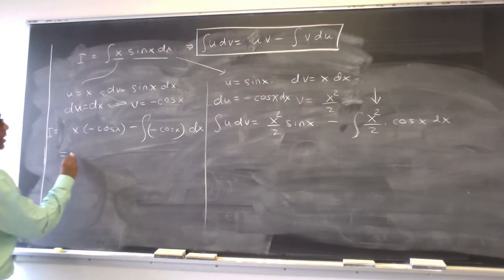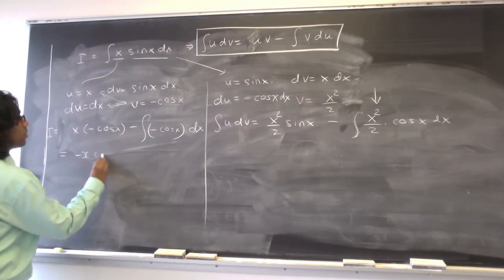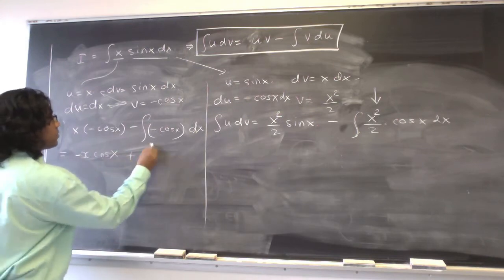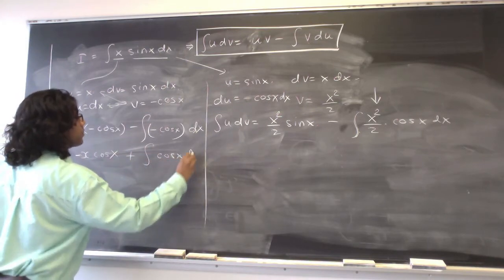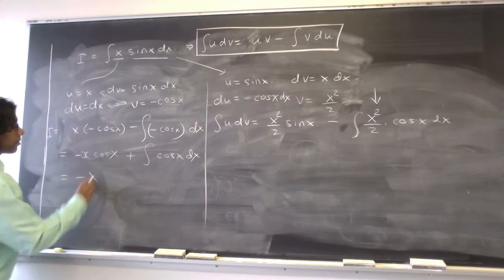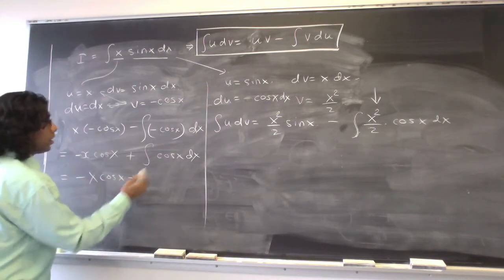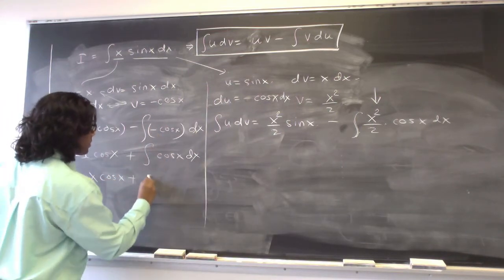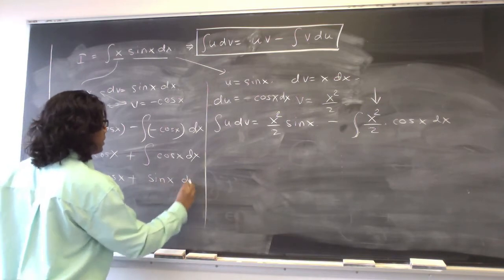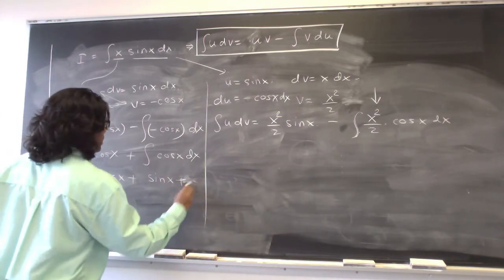Okay, so this becomes minus x times cosine of x plus the integral of cosine of x dx. Look, this is easy. The integral of cosine is sine of x, plus c.